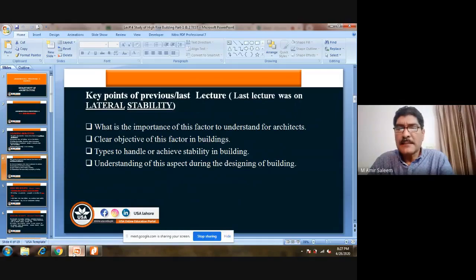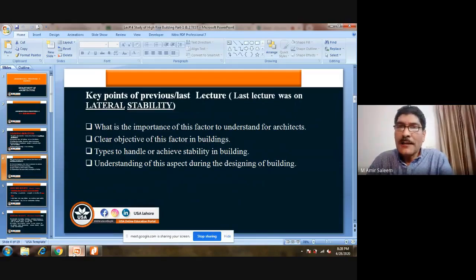NESPAK has clearly mentioned that every building should be designed with the safety of a Richter scale of 7. Earthquake is directly related to dynamic load, so we have to save the building from lateral movements and ensure lateral stability.